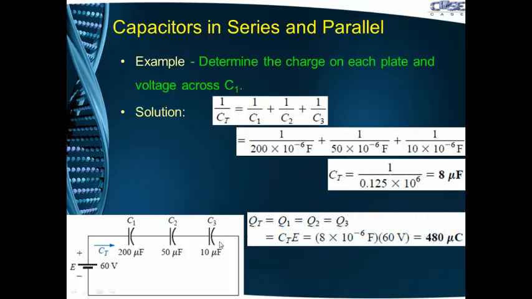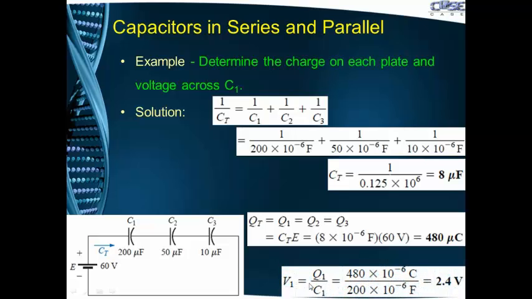For series capacitors, the charge on each capacitor would be equal, and if we know the voltage and the total capacitance, we can find the total charge using this equation, and it turns out to be 480 microcoulomb. So the charge on each capacitor would also be 480 microcoulomb.